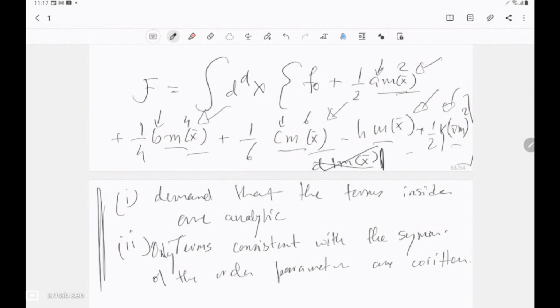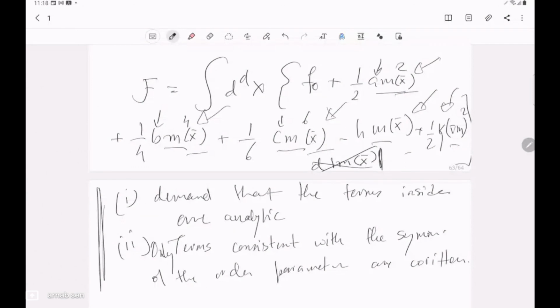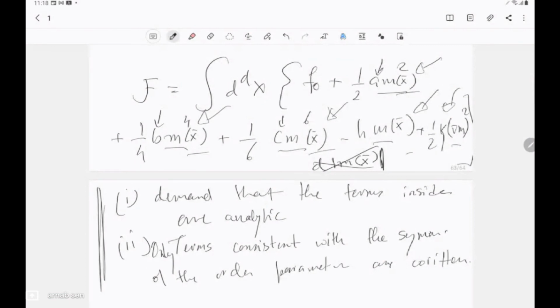Is that fine? At least how you construct this phenomenological thing. This is just a generalization of what you were doing in mean field theory. When we calculated everything, you remember you got a complicated expression, log of cosh hyperbolic of something. And then you expanded it, and all you got were even powers. That was related to the fact that there is a symmetry of m to minus m in the theory.